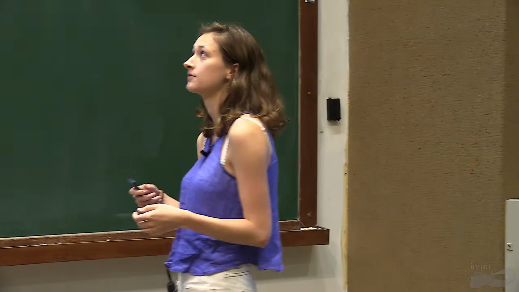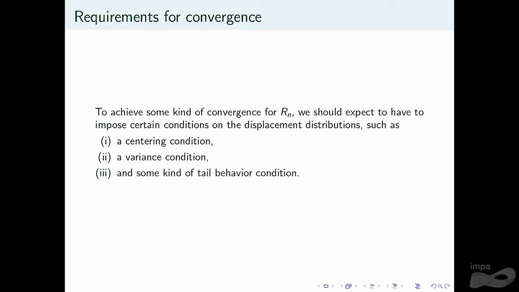And then last of all, a tail behavior condition, which is going to tell us maybe how big can my displacements be in order to expect not to get big spikes or things like that popping up in my encoding when I rescale.